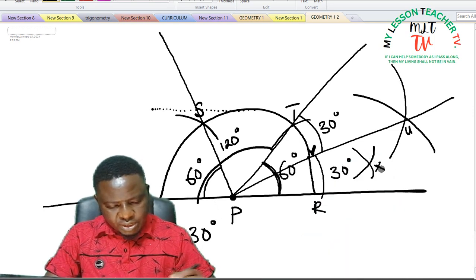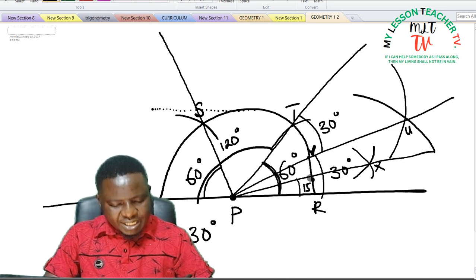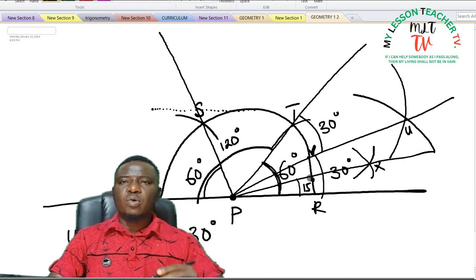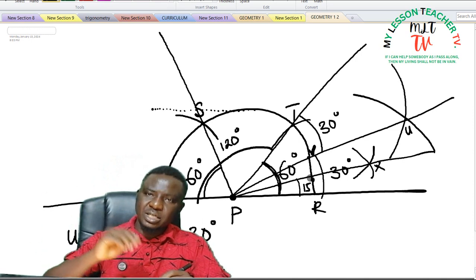Let me call this point X. When you join point P and point X, it gives us angle 15 degrees. So this is how you can construct angle 15 degrees by bisecting angle 30 degrees.